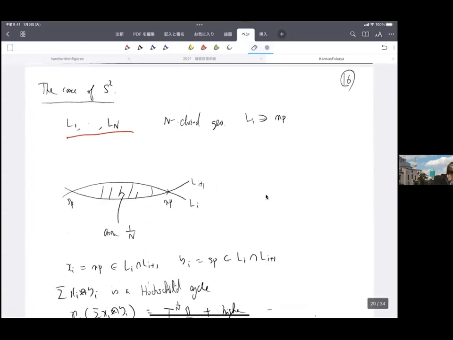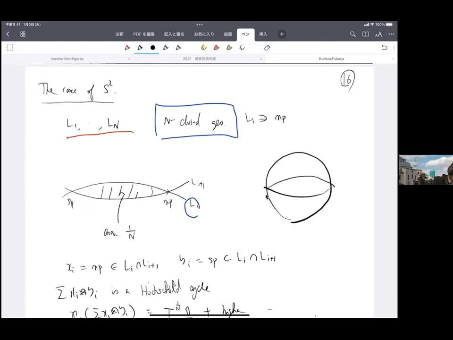So we consider the case of S2. So you will keep enlarging n and it will become infinite? Yes, increasing n. So we have considered n closed geodesics containing the North Pole, so that you have Li and Li prime. So you have this domain, and suppose that this area is 1 over n. So you have a 1 over n dense set of these S1s.